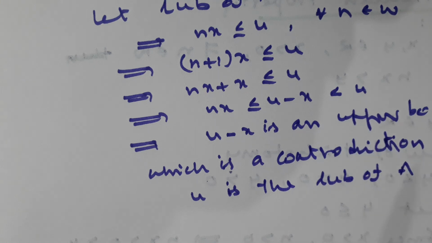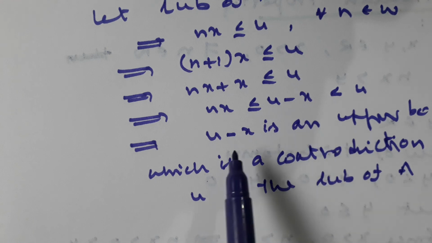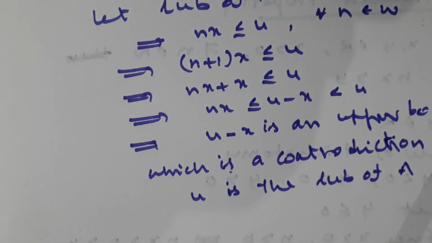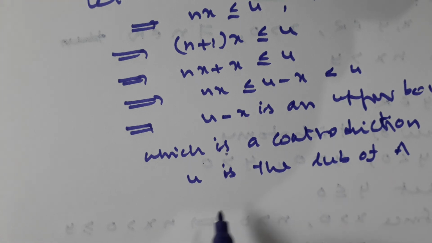Any element greater than u is an upper bound, but any element less than u cannot be an upper bound. Here u minus x is an upper bound of A, so this is a contradiction. Why? Because u is the least upper bound of A.